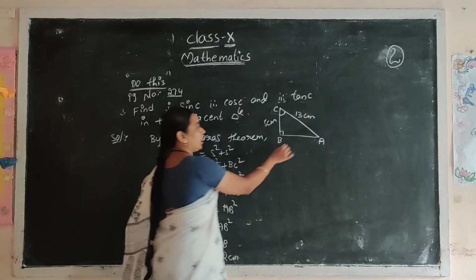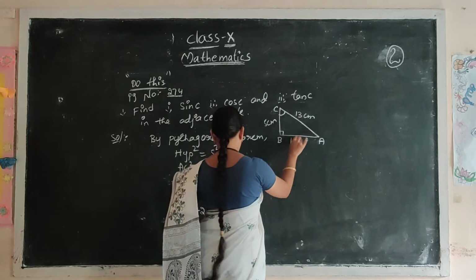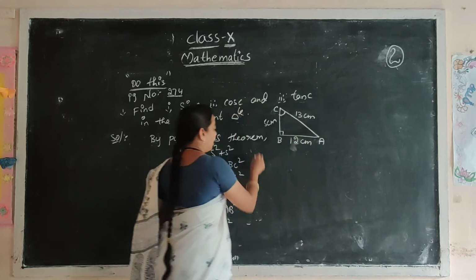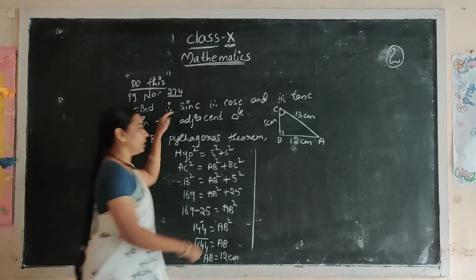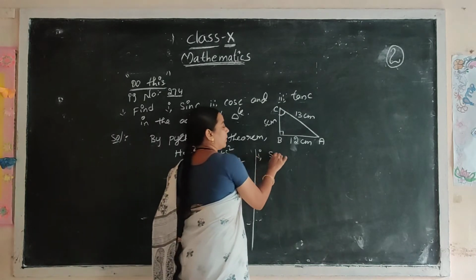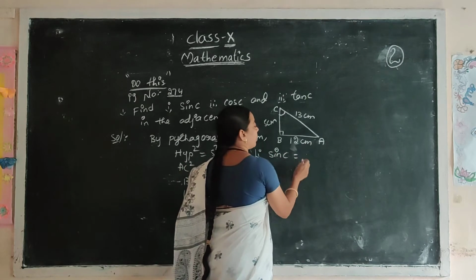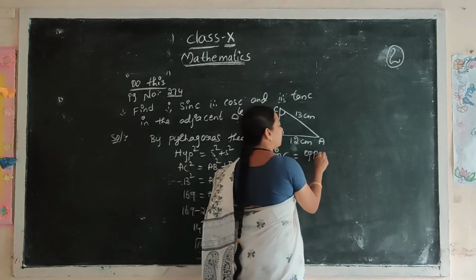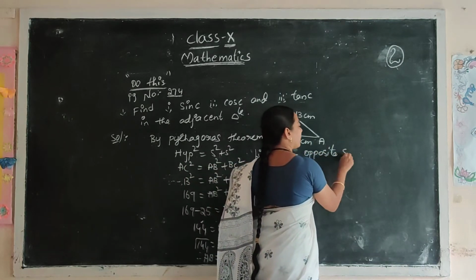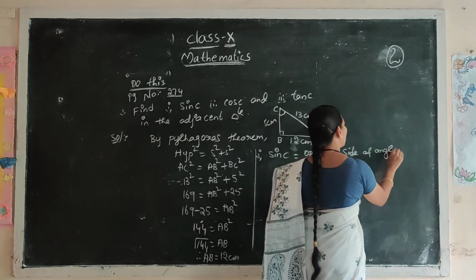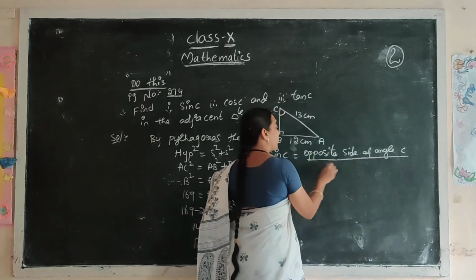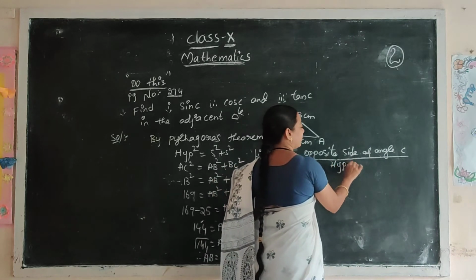Now you got the AB measurement: 12 centimeters. Now let us find the given questions. The first question is sin C. I already told the sin formula: opposite side of angle C by hypotenuse.